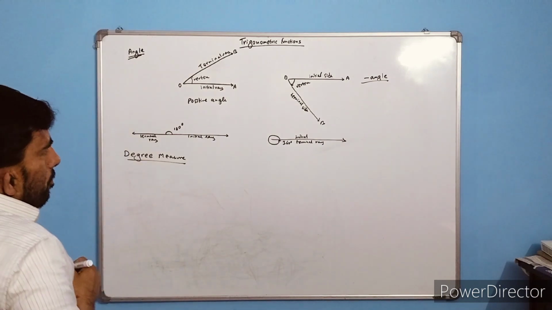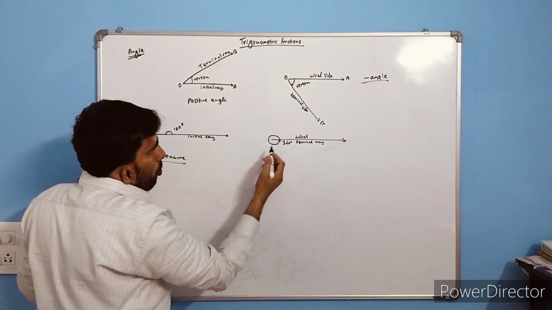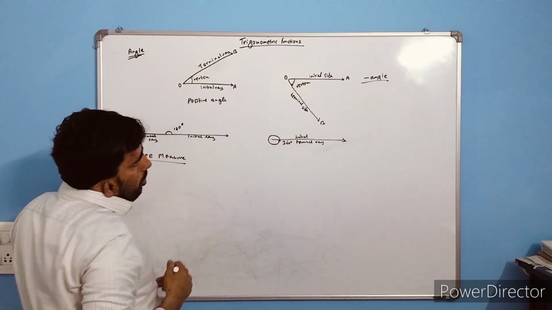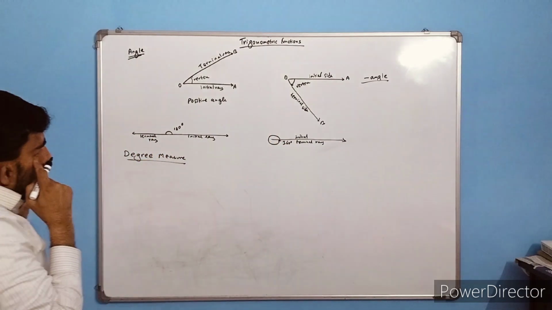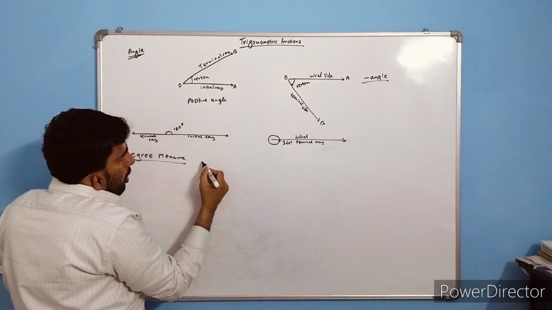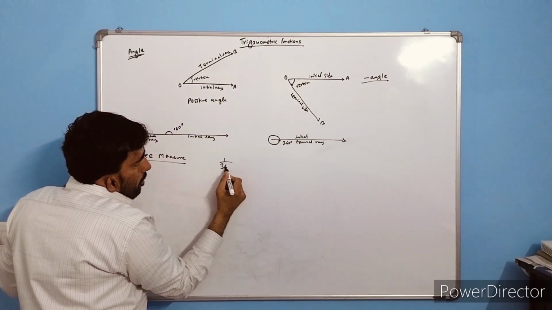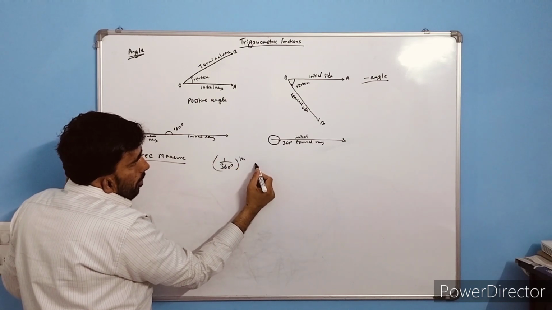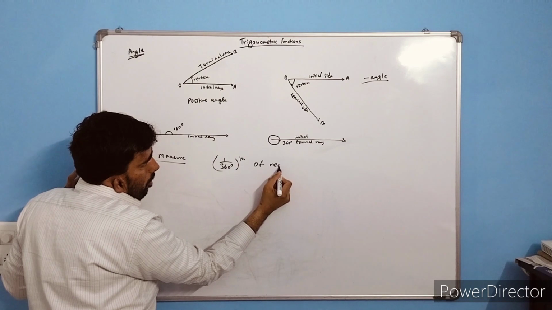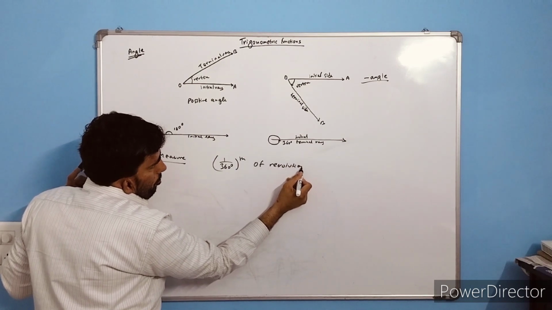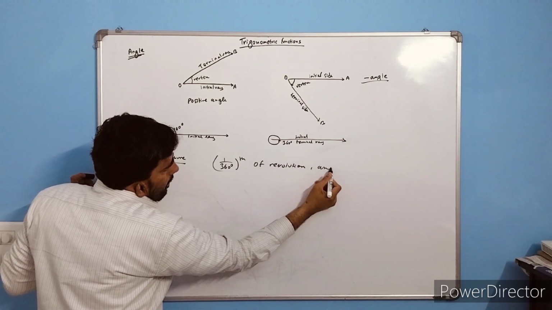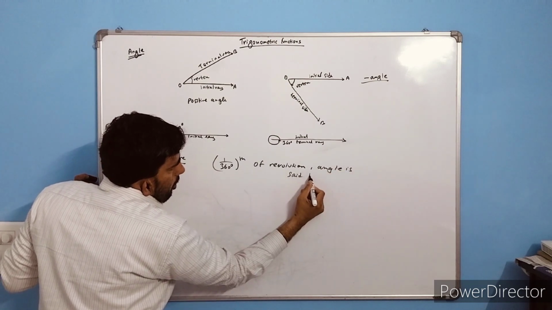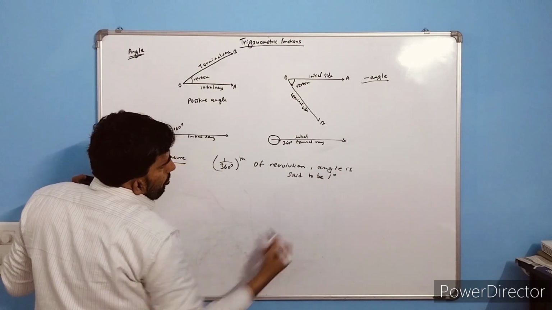Degree measure is the amount of rotation from the initial ray to the final ray that is 1/360th of a revolution. That angle is said to be 1 degree.